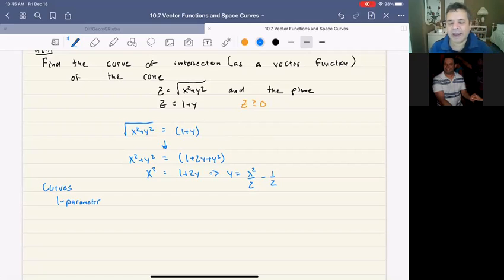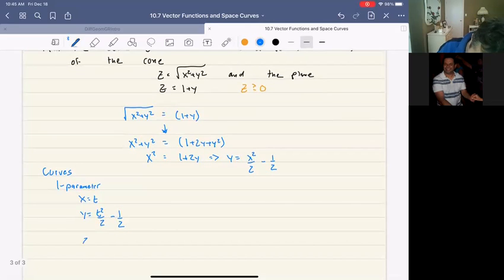Let's make x equal to t. If x equals t, then y equals t squared over 2 minus 1/2. z equals, well, look at z. z is 1 plus y, right?